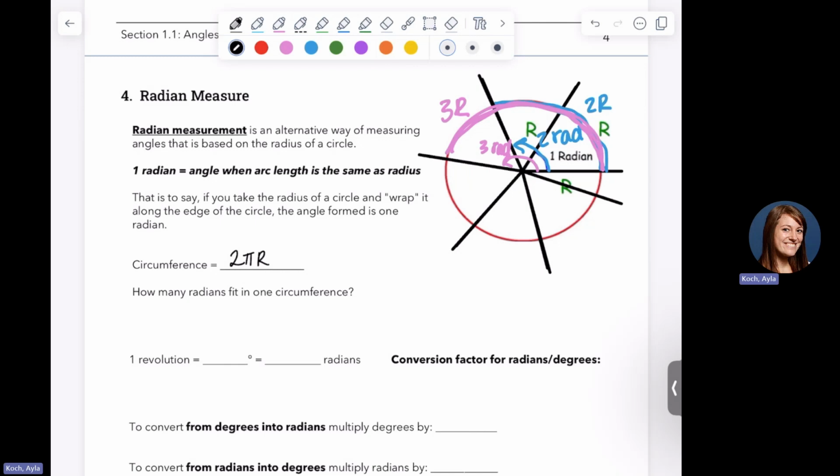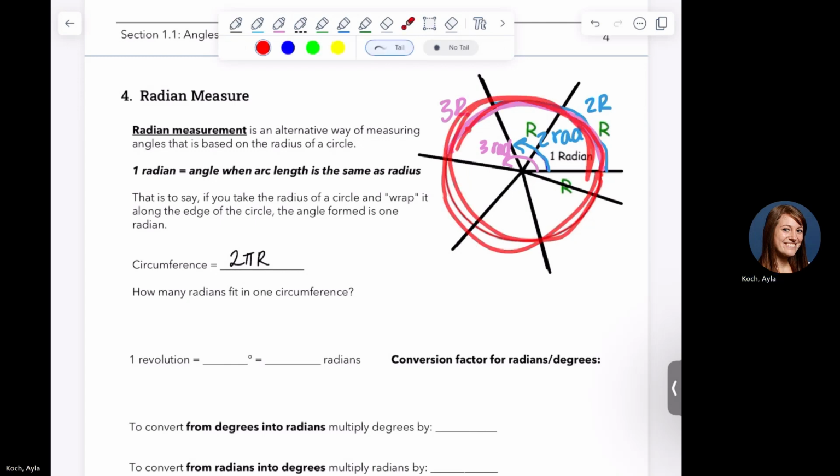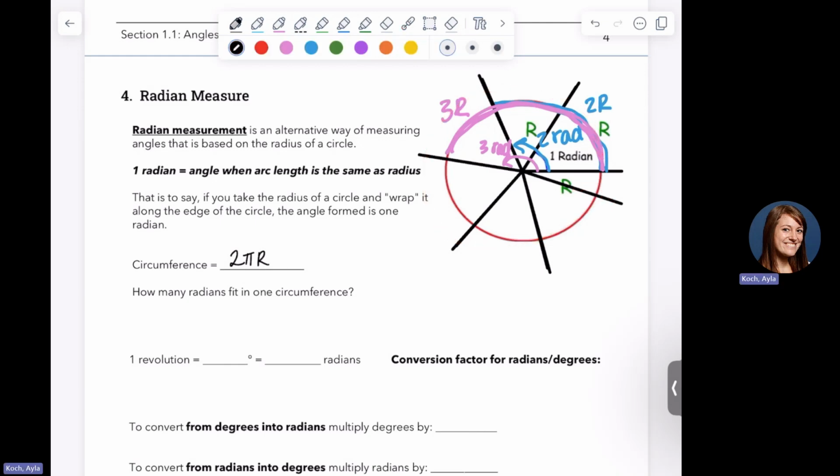So if there are 2 pi r distance around here, and we saw how this matched up, 3r was 3 radians, 2r was 2 radians, 1r was 1 radian, that would mean that if 2 pi r was the distance, then 2 pi is the amount of radians in an entire circle, and that is true. 2 pi radians equals 1 circle.